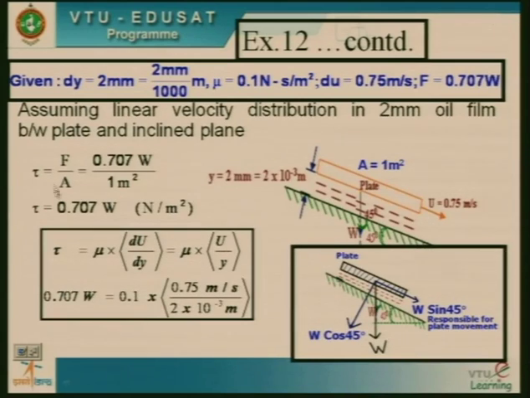Now you can see again I have just repeated, given we have converted to SI system. Assuming a linear velocity distribution in 2 mm oil film between the plate and the inclined plane. This is the oil film. So, here velocity will be 0, here will be the maximum, the value is given as 0.75. So, the shear stress is given by the same formula, force upon the area, shear force upon the shear area, which is 0.707, as I mentioned.